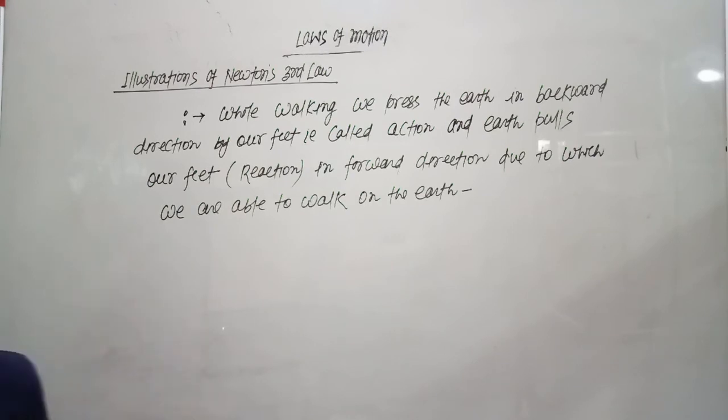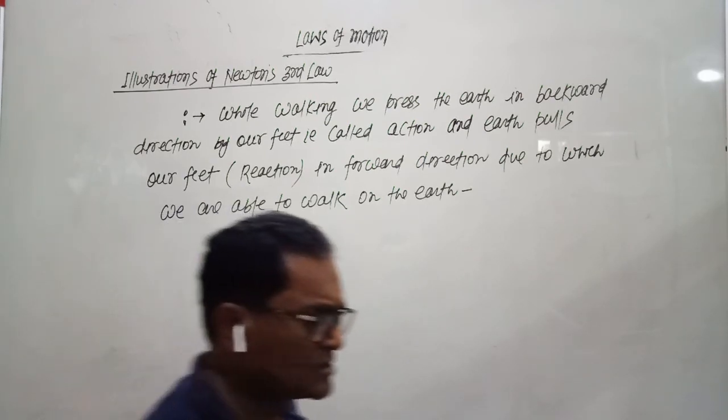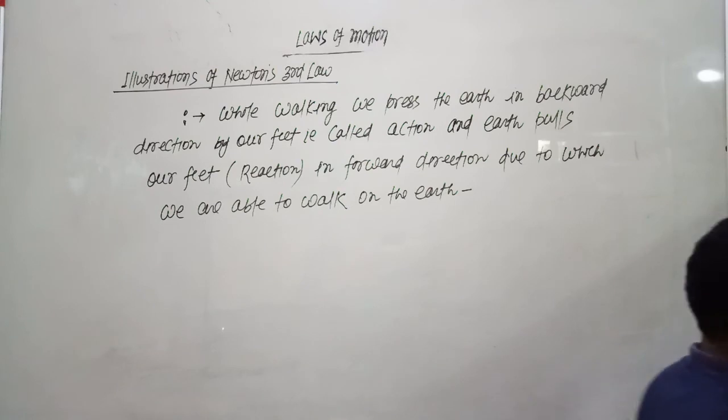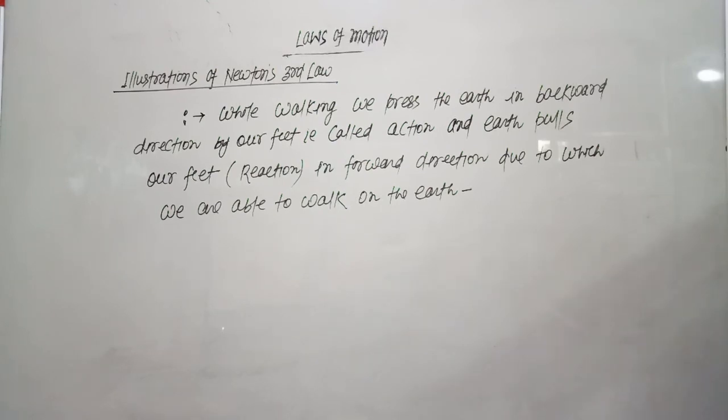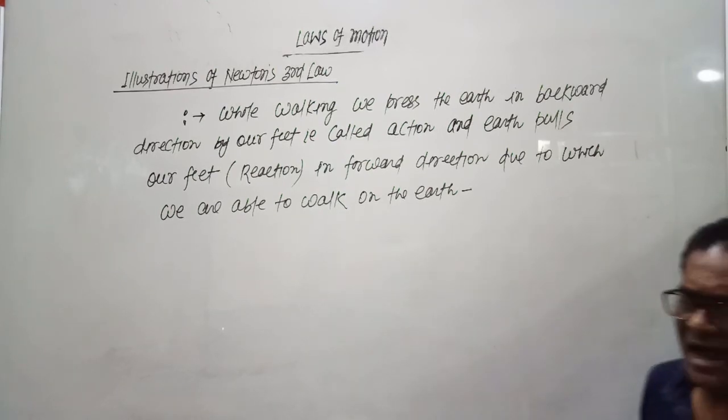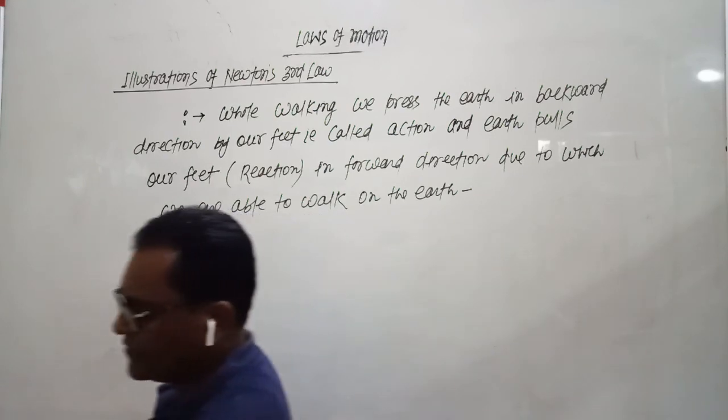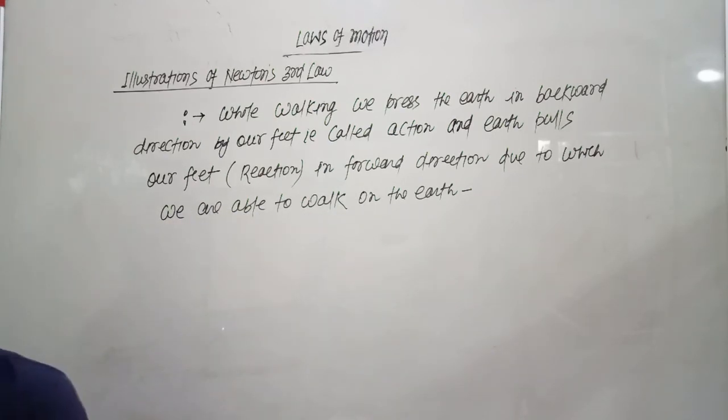So these are the illustrations of Newton's third law of motion. The first was a book kept on a table: the book exerts a force in terms of action in downward direction on the table, and the table exerts a force in upward direction in terms of reaction.